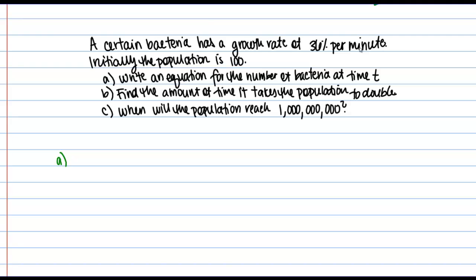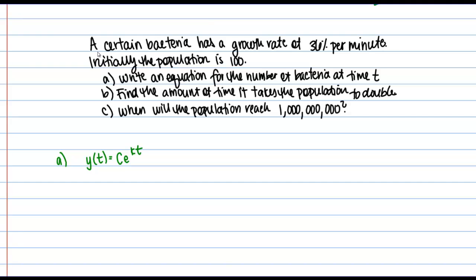So if you recall, the way that equation looks, an exponential growth equation, is y of t equals c e to the kt. Now here, c and k are both constants, so basically what we need to do is just figure out what those constants are for this particular situation, and then we will have our equation.